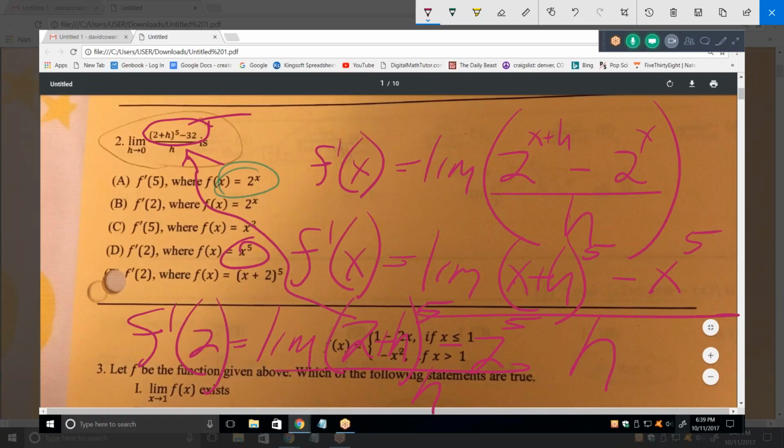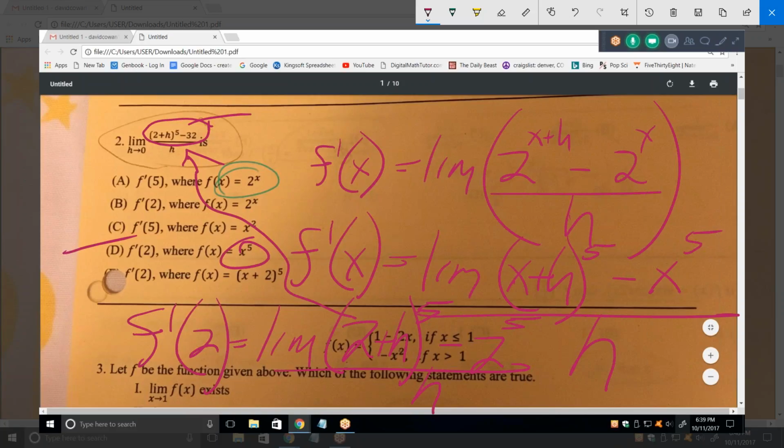But they don't want us to do that, and that's why they made it such a large exponent. They want you to understand what you're looking at. You're looking at an original function that is x to the fifth, and you're evaluating the derivative at 2. That's why D is the correct answer.